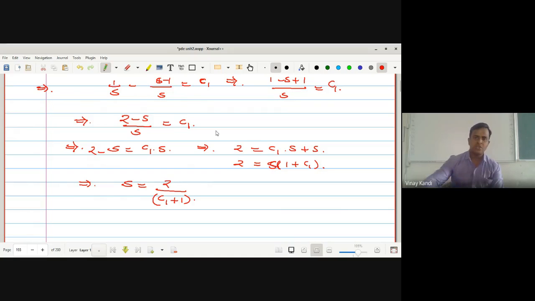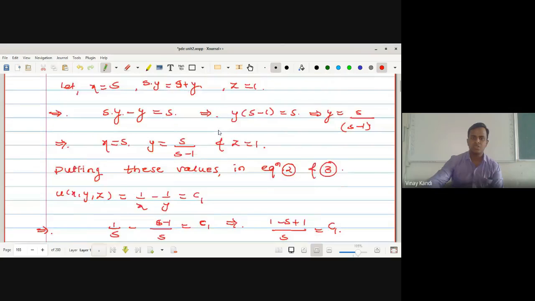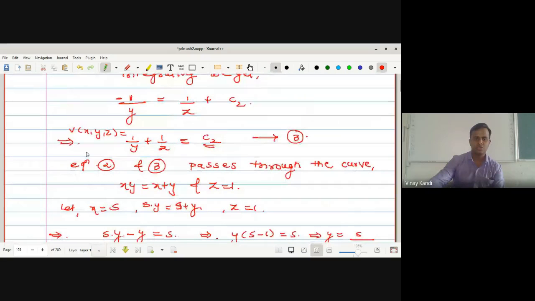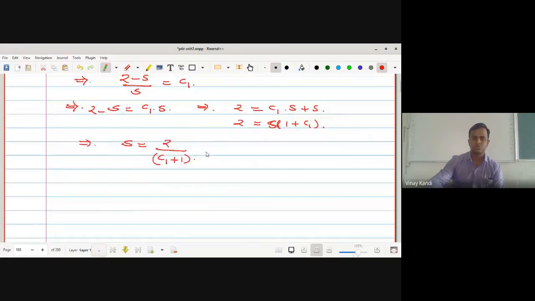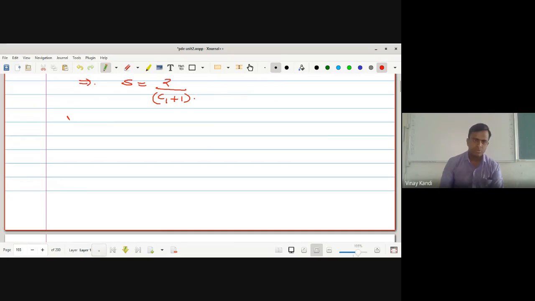Now putting the values of x, y, z in equation number 3. What is equation 3? v of x, y, z is equal to 1 upon y plus 1 upon z, which is equal to c2. What is the value of y? s upon (s minus 1).